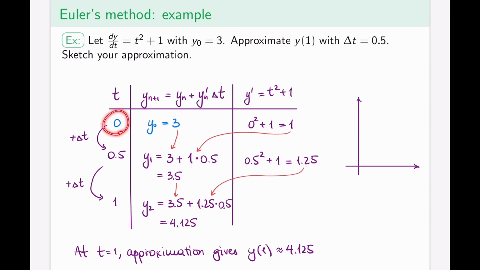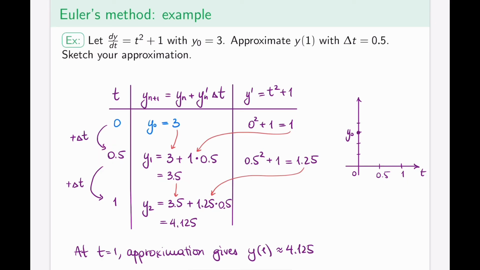I have the t-values go 0, 0.5, and 1. And the corresponding y-values: at 0, I was up at 3. So let's say 1, 2, 3. This was y0. At 0.5, the y-value was 3.5.